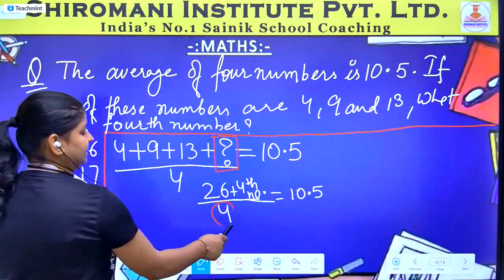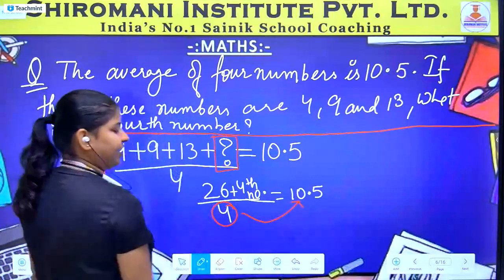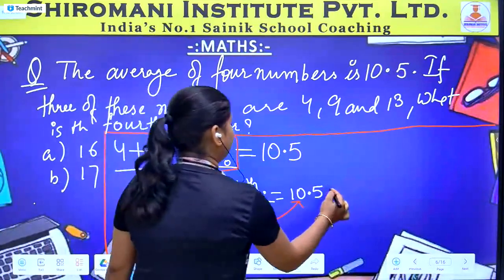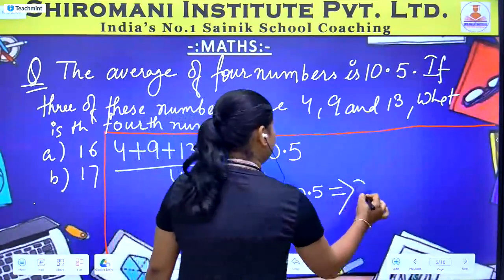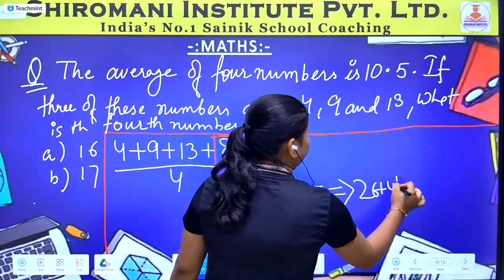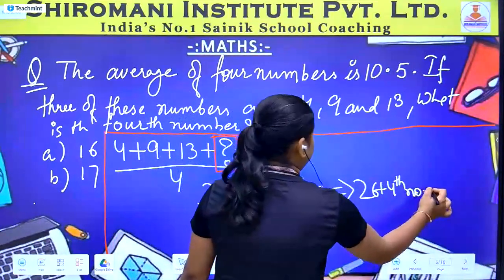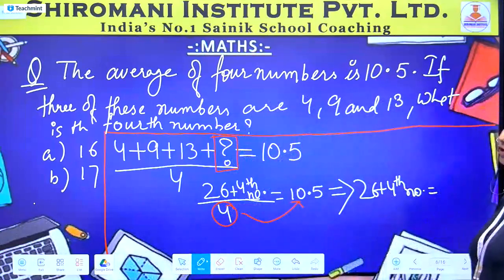Now you will multiply 4 into 10.5, right? So what will it be? 26 plus the fourth number will be 10.5 into 4. That is 42. Is it 42?